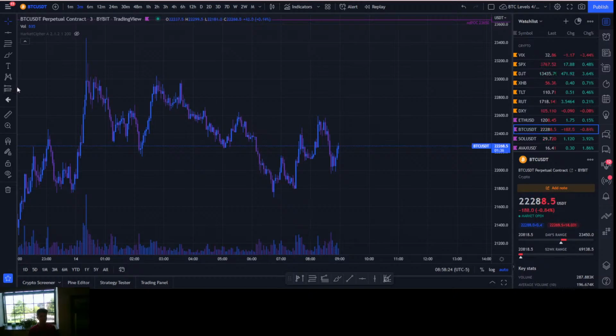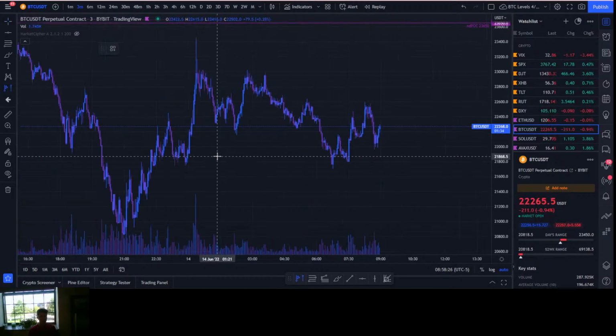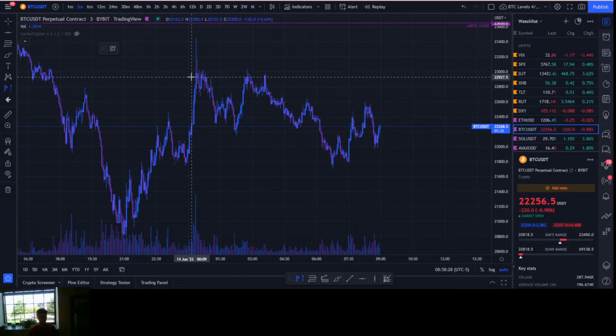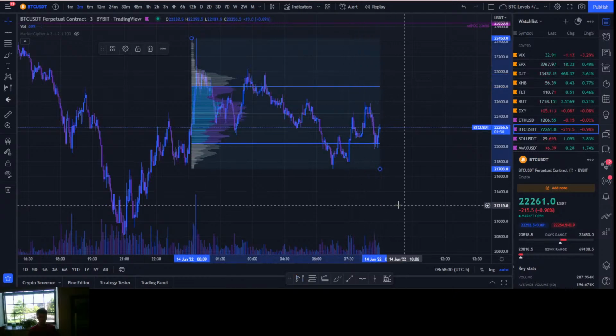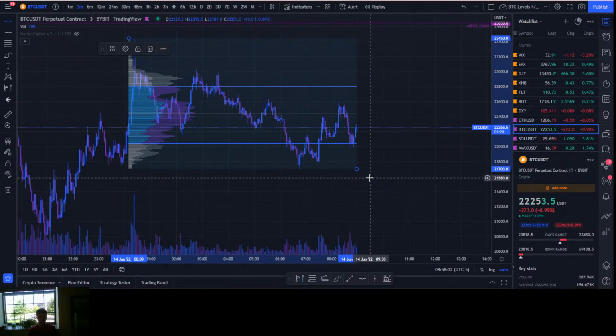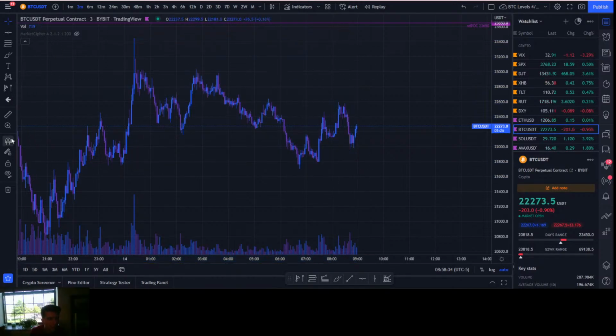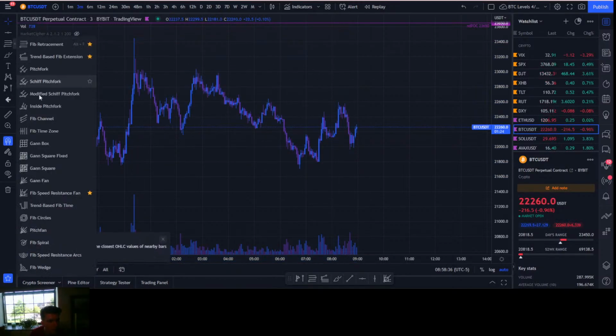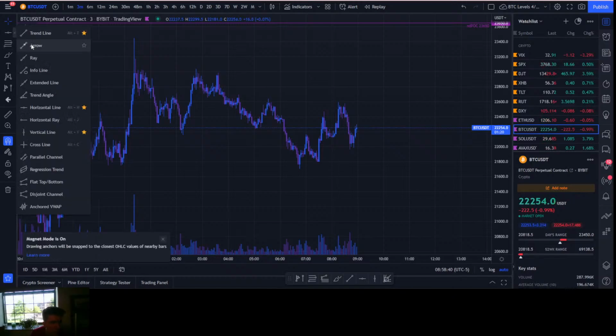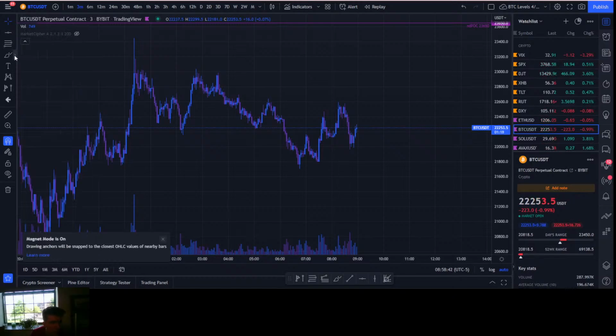Again, we can take a look at analyzing volume from this range. Or what we could do is draw a parallel channel and trade that.